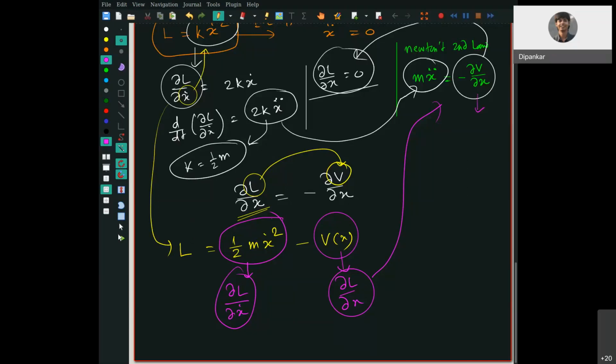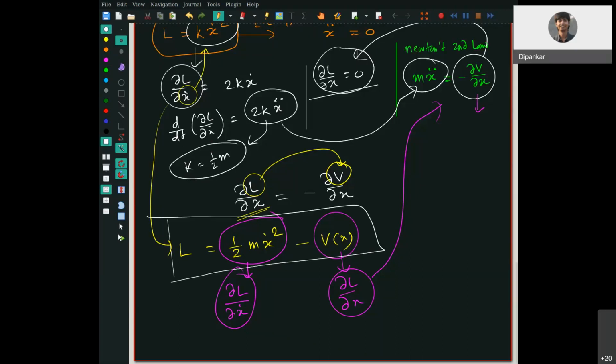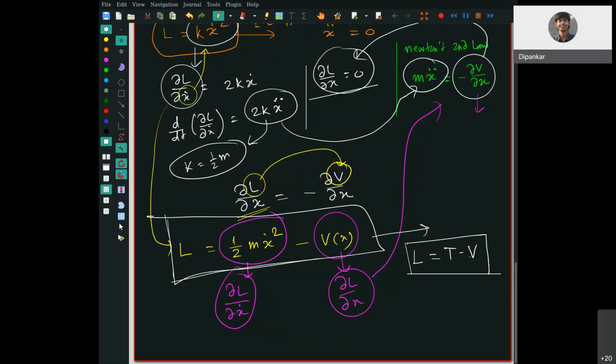So from this exercise, you can say that for a conservative system you can try L equals T minus V, and that's why in most cases this L equals T minus V works, because you are given conservative systems like harmonic oscillators, or Coulomb potential, things like that.